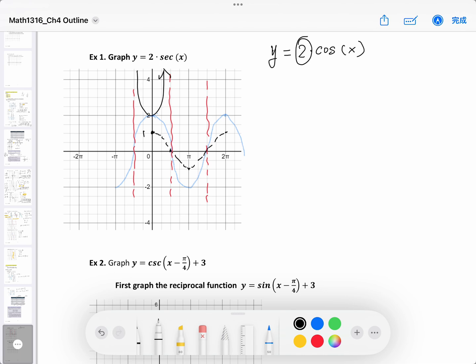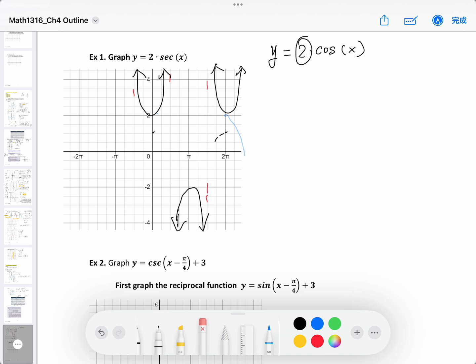Bump to bump, and bump to bump, and then bump to bump. Now I can erase all of the helping information. So this is the graph of 2 times secant x.